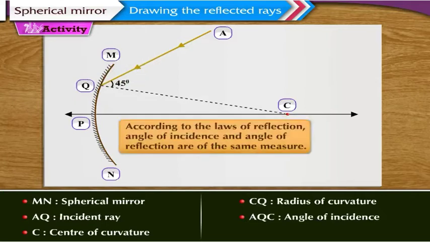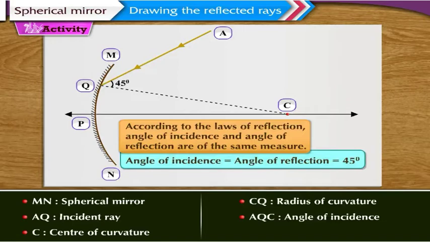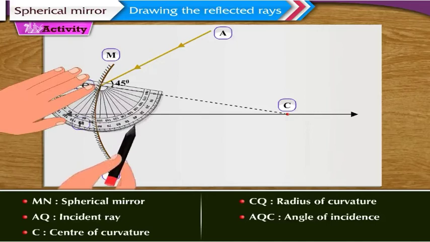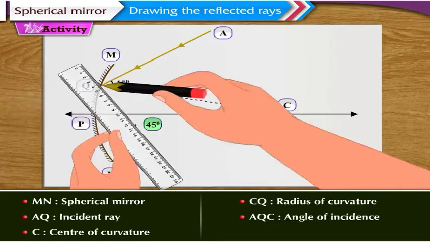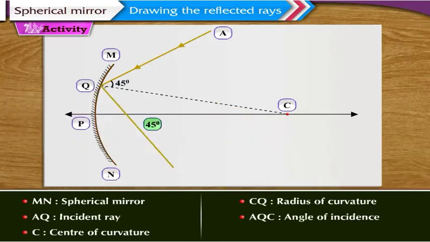According to the laws of reflection, angle of incidence and angle of reflection are of the same measure. Thus, the angle of reflection will also be 45 degrees. Let us now draw a ray making an angle of 45 degrees with CQ. Let's name this ray as QB.